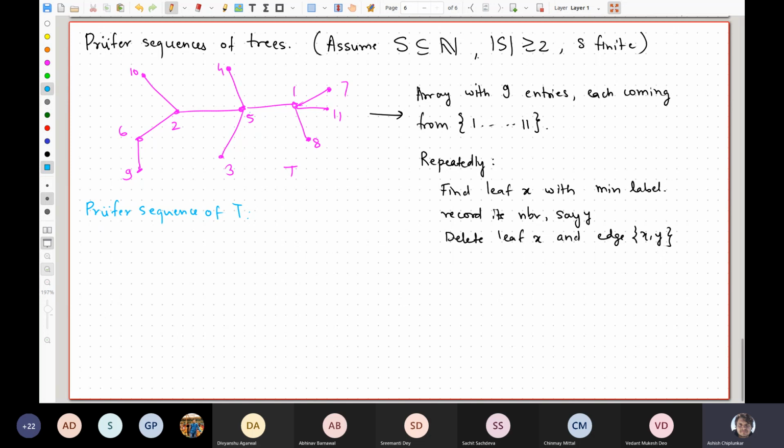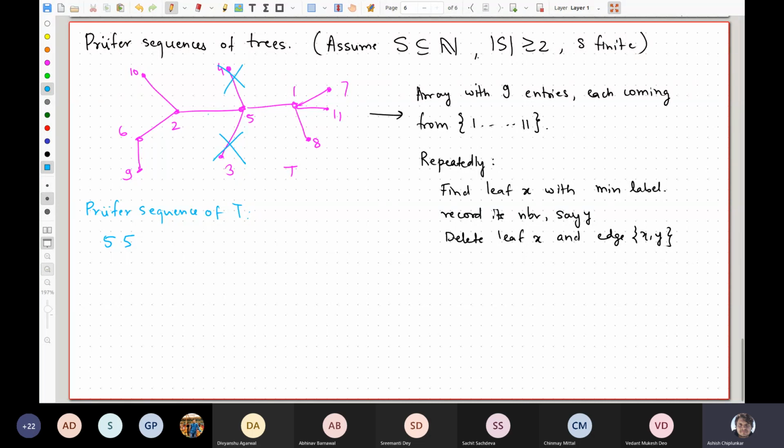What is its neighbor? Its neighbor is 5, so we'll record 5, and then we'll delete 3 from the tree. And you continue. Now what comes next? What is the leaf with minimum label? It's 4 now. The neighbor of 4 is 5, so I'll write a 5 once again, and I'll delete this 4.